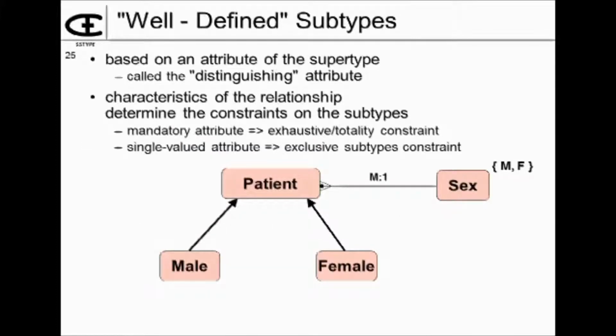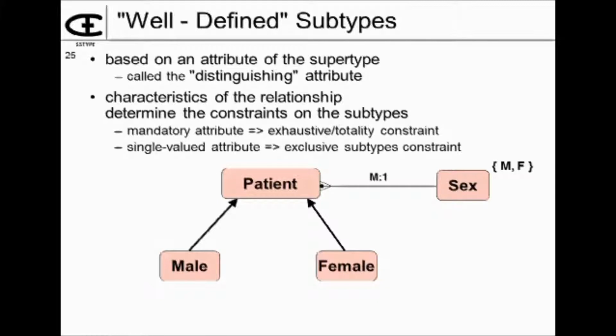When we have a subtype, the question arises, what's the rule for a member of the supertype belonging in the subtype? There will be some criteria that can be used.